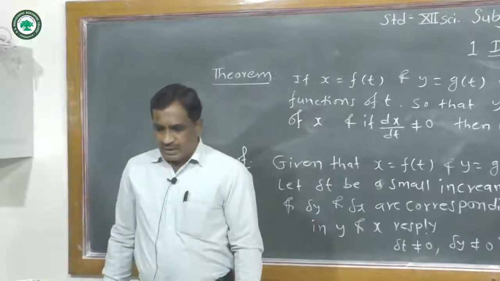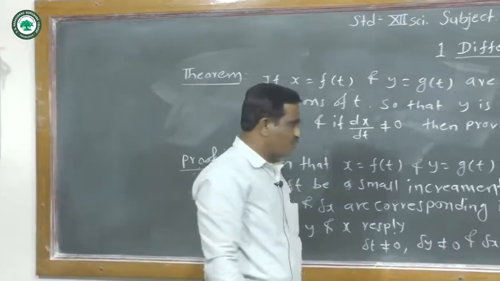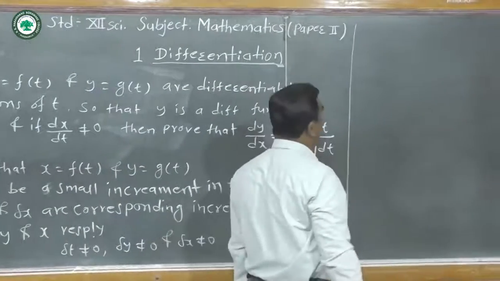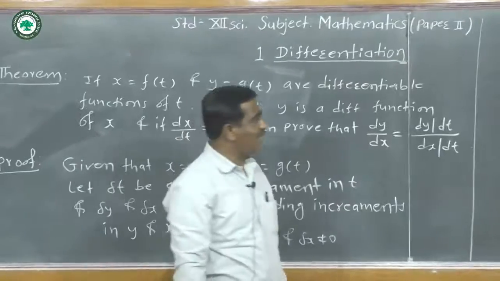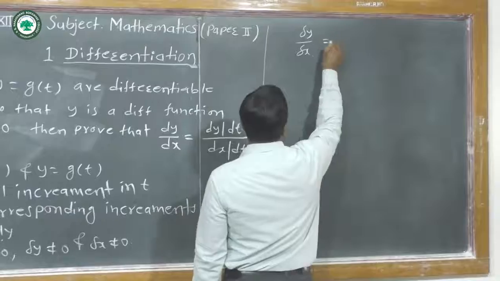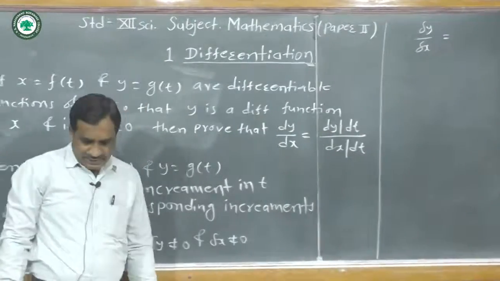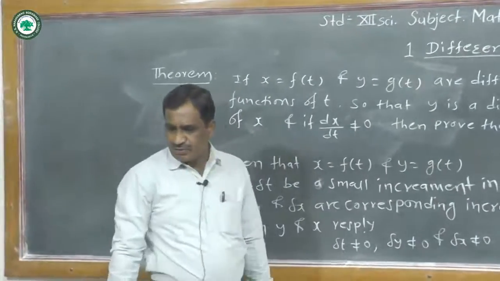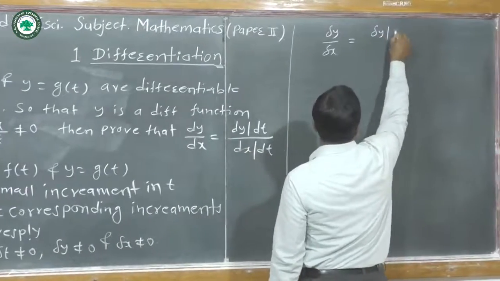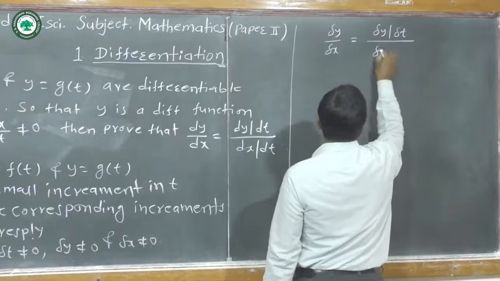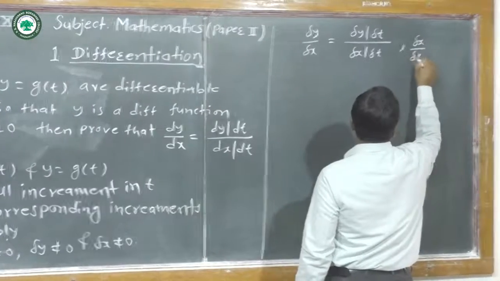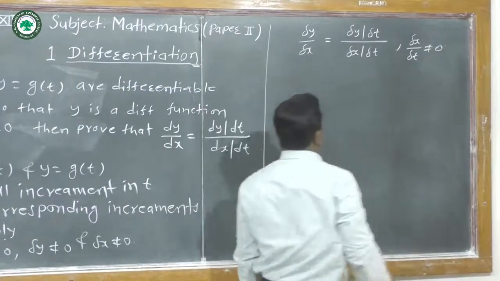Now consider the incremental ratio of delta y and delta x. This ratio can be written as delta y by delta x is equal to delta y upon delta t upon delta x upon delta t, where delta x by delta t is not equal to 0.